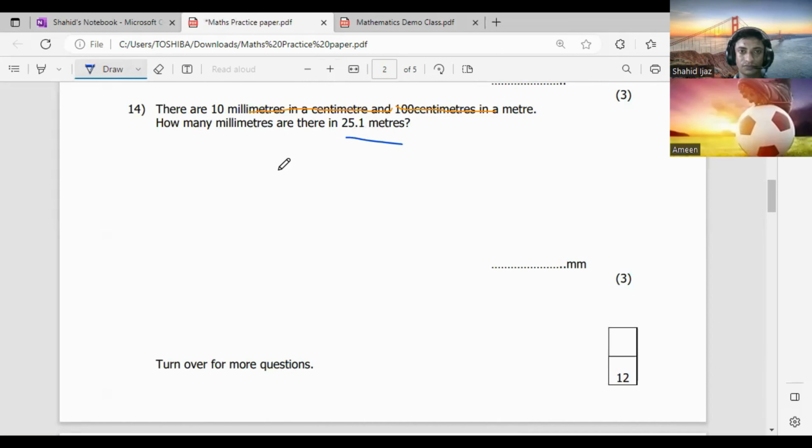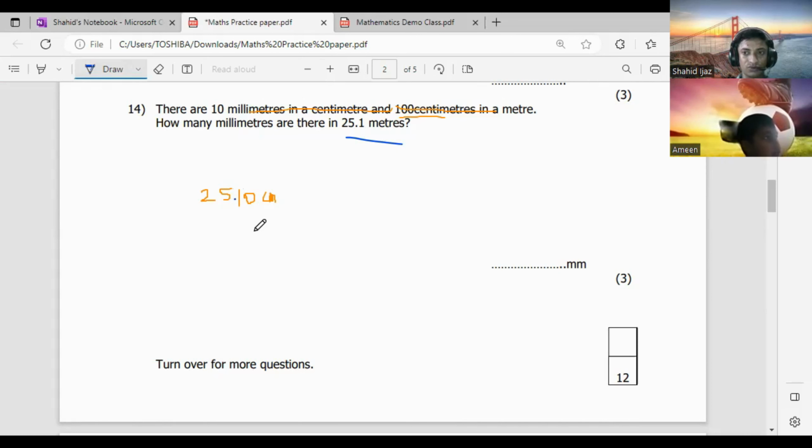Okay. So first of all, you need to do 25.1 times 100 because there are 100 centimeters in a meter. I'll just do this mentally. That is how many centimeters that is equal to.